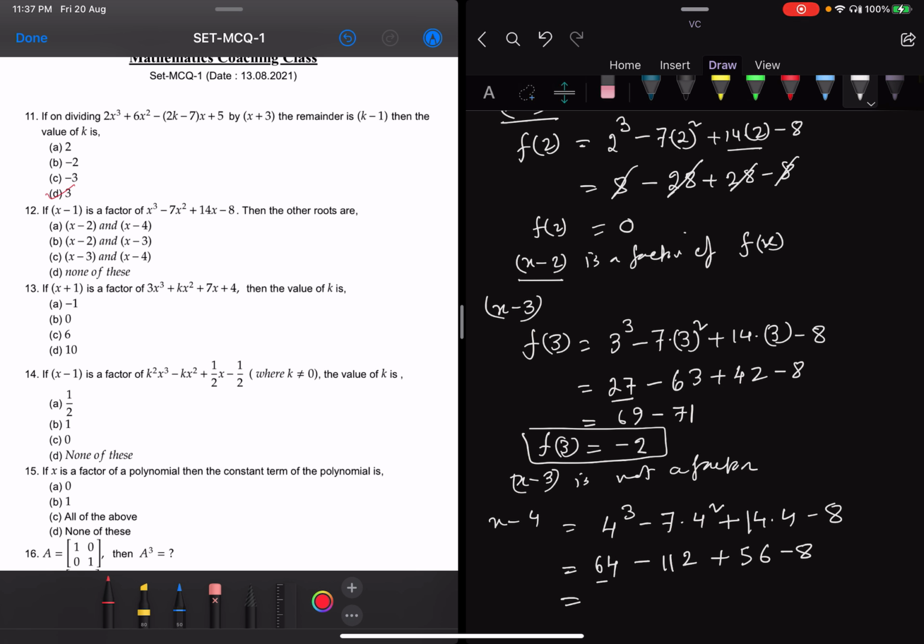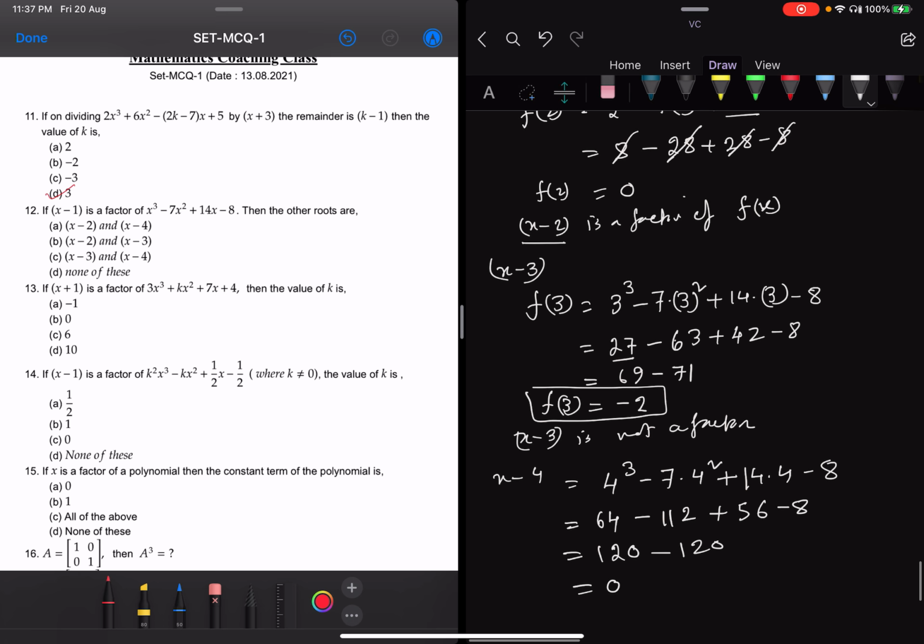Now you can see for 64 and 56, if we add these two positive numbers, we will get 120. And if we add these two negative numbers, it will be minus 120.